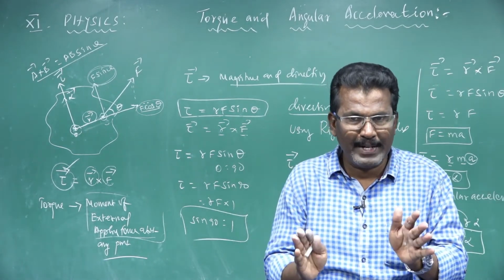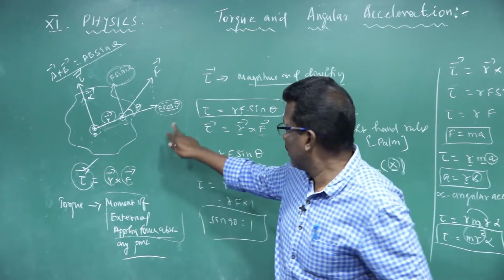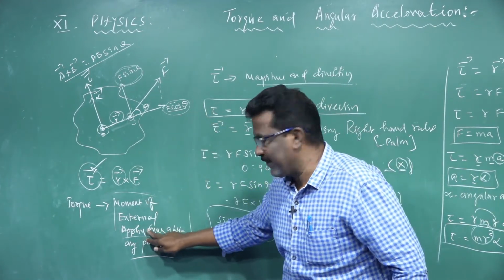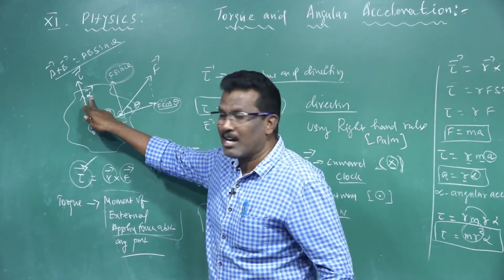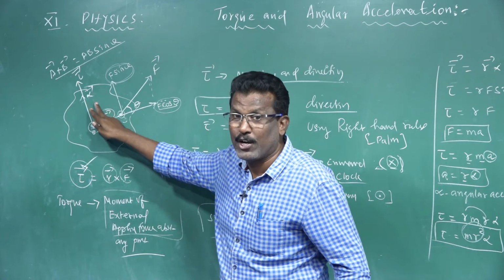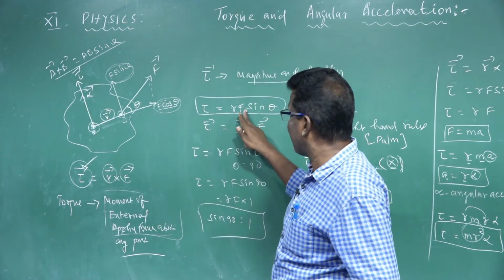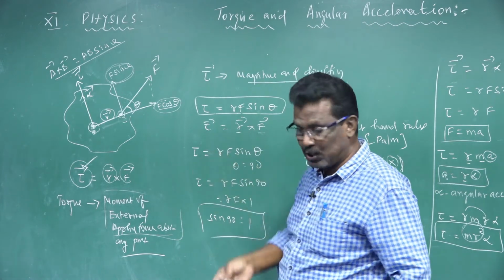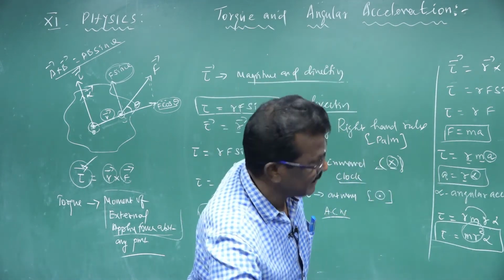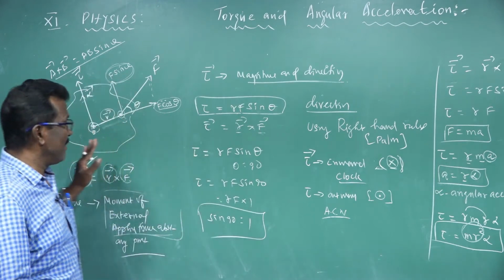Generally torque means the moment of external force. When an external force is applied, the body rotates. The torque produced is perpendicular to both the force vector and the position vector. So angular acceleration and torque are in the same direction.